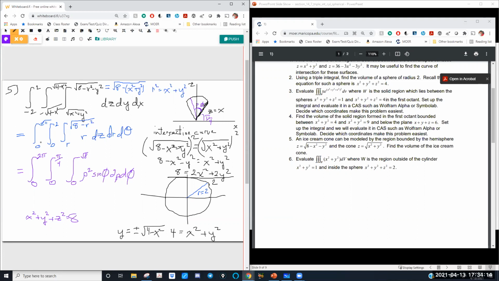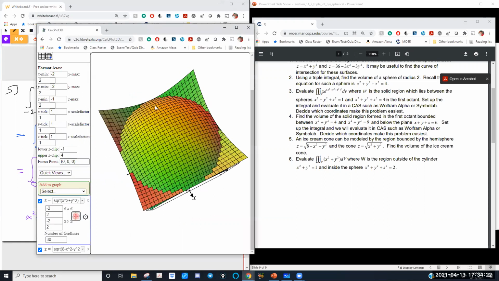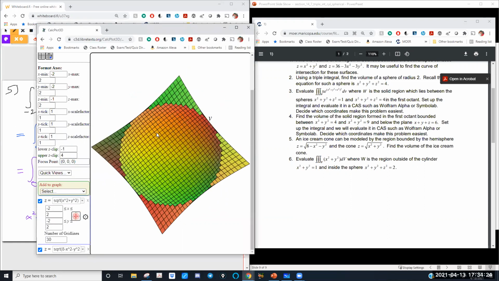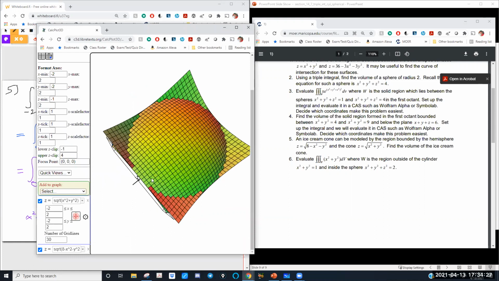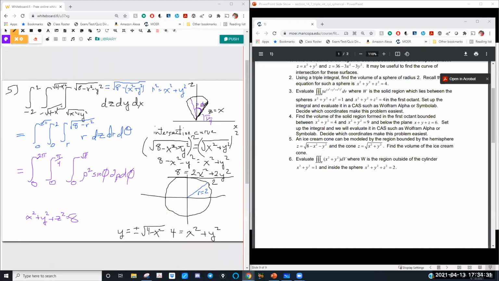Our fundamental surface in terms of cylindrical would have been when we look straight down our graph, we get that circle. So that would be the cylinder cutting out this image here. But because we have the sphere on top, that's not a fundamental surface for cylindrical.